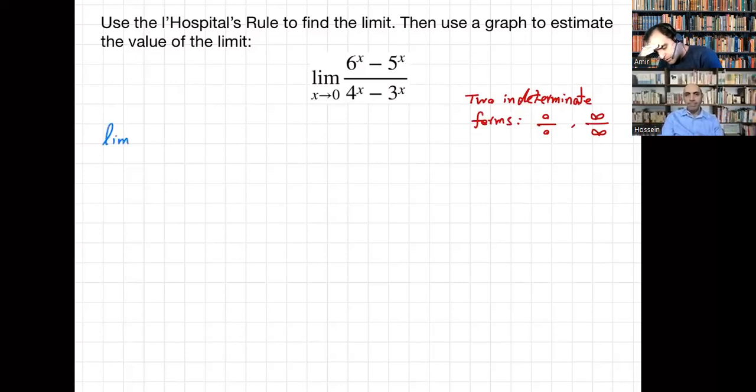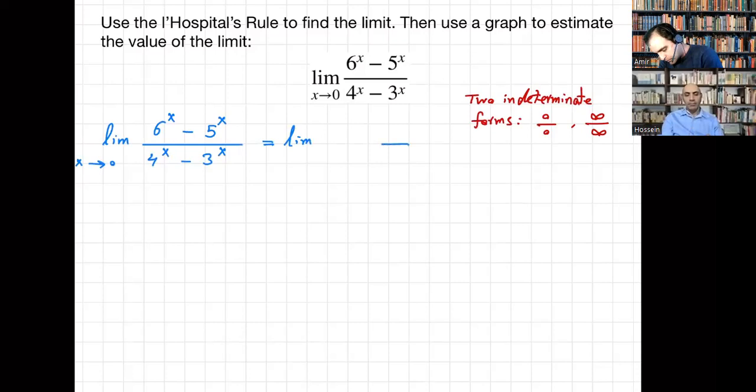Limit of 6 to the power of x minus 5 to the power of x, over 4 to the power of x minus 3 to the power of x, when x approaches 0. I can actually differentiate these terms in the numerator and denominator.